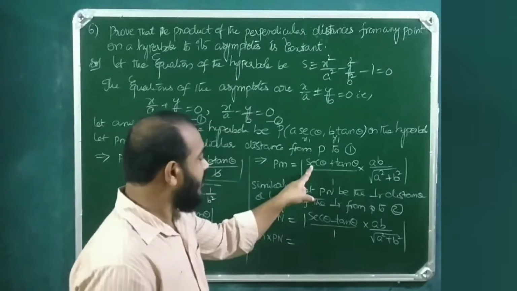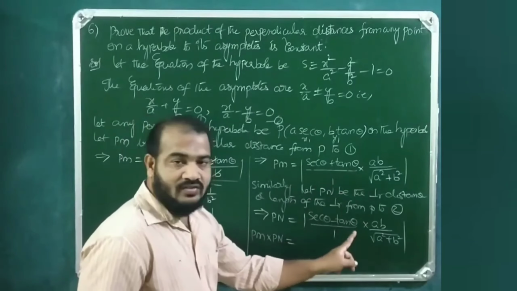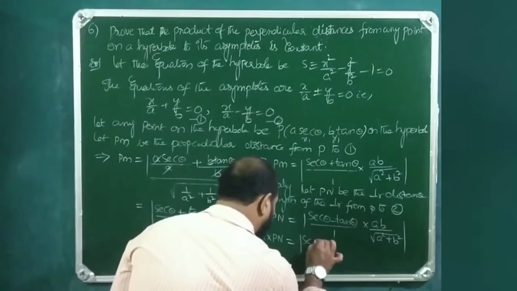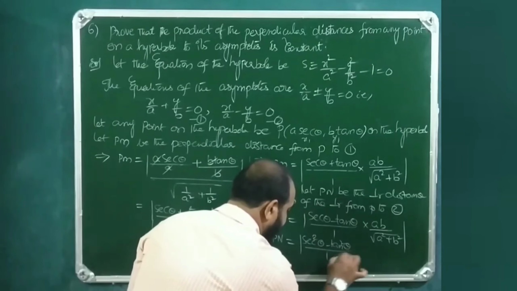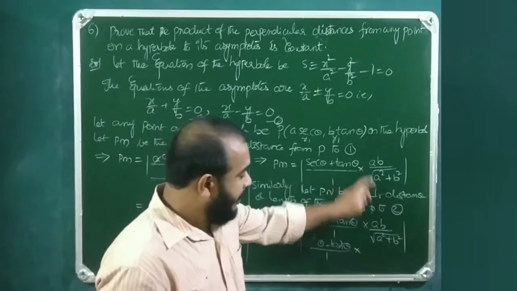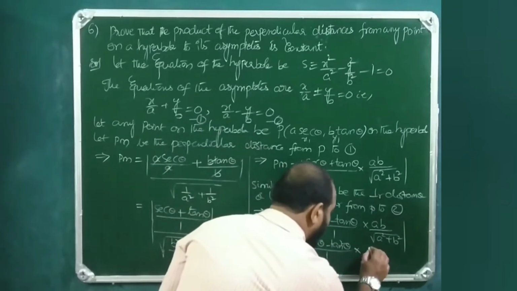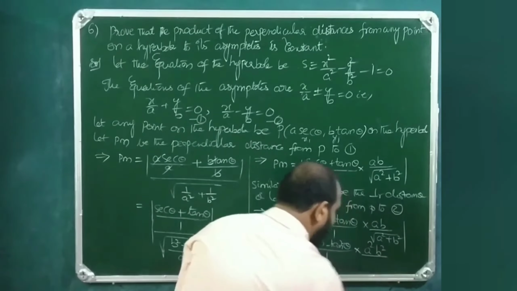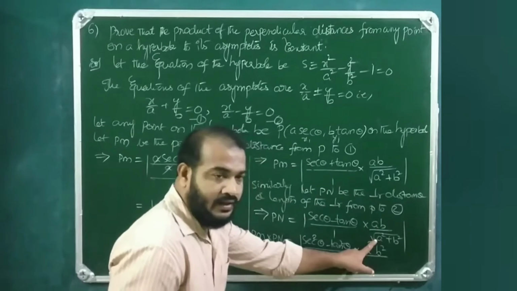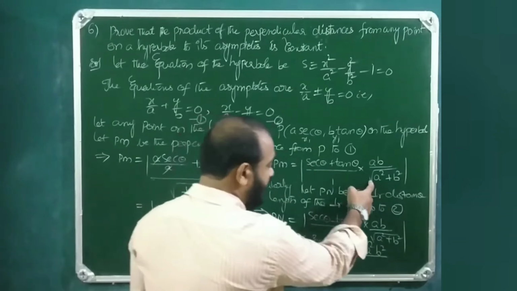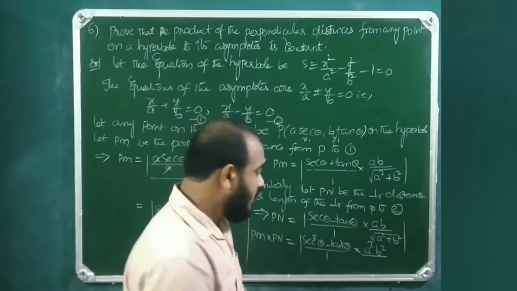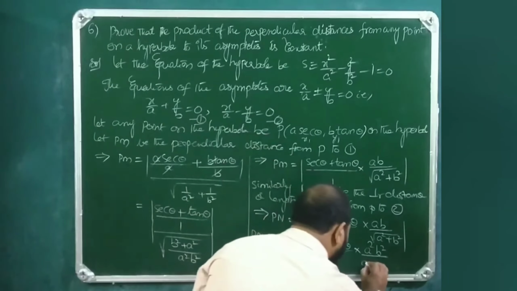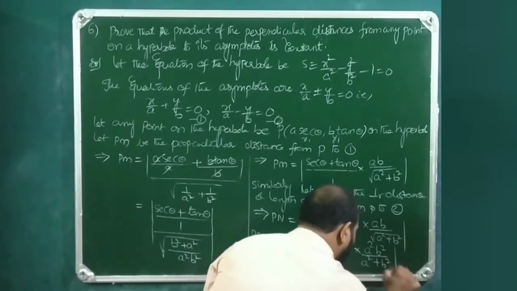If you multiply secant theta plus tan theta into secant theta minus tan theta, we get secant square theta minus tan square theta by 1 into, ab into ab is ab whole square or a square b square, and the square root gets cancelled because root a square plus b square into root a square plus b square is a square plus b square.